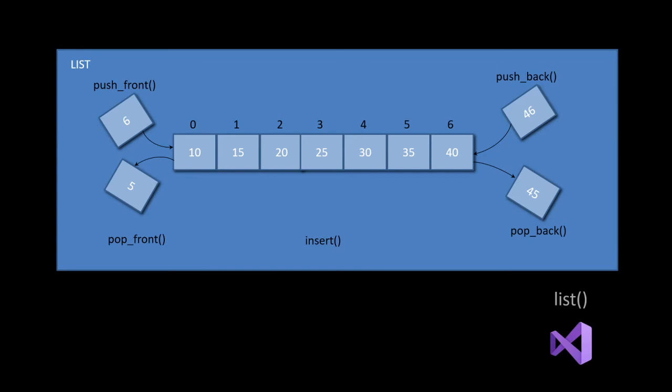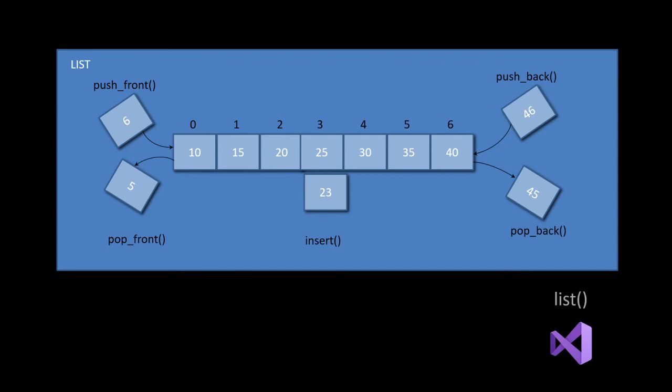The push front, pop front, and front member functions are similar to push back, pop back, and back, which we've already sort of seen with the vectors. Lists are appropriate when you will make frequent insertions and deletions in the middle of the list.